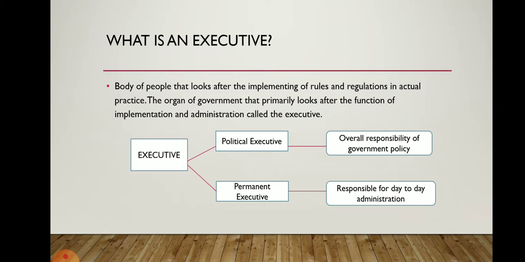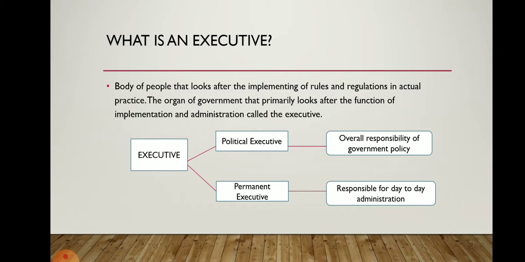Now the permanent executives, they are basically the advisors, they are the civil servants of the country. Their role is the day-to-day administration. So there is a difference between political executives and permanent executives. Political executives are more powerful as compared to the permanent executive. Why?